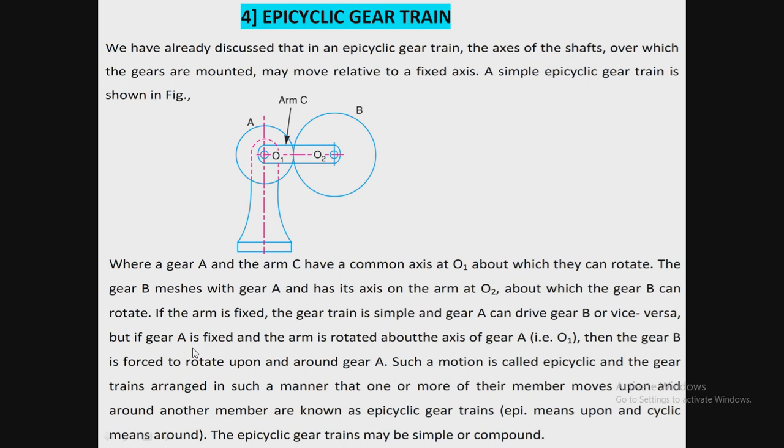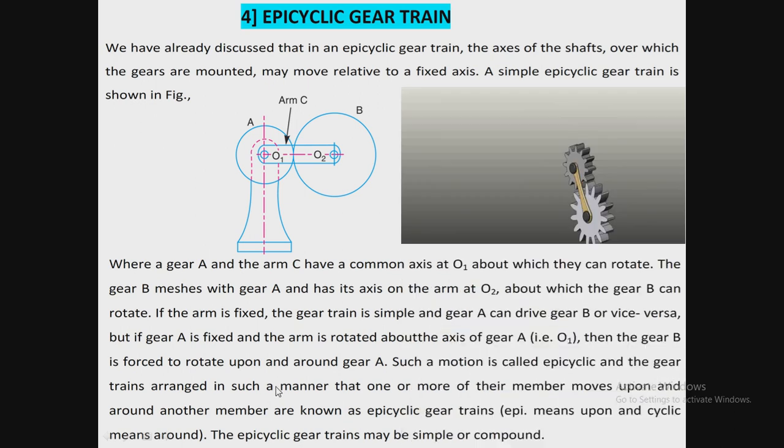But if gear A is fixed and the arm rotates about the axis of gear A, that is O1, then gear B is forced to rotate upon and around gear A. Such motion is called epicyclic, and a gear train arranged in such a manner that one or more of its members move upon and around another member is known as an epicyclic gear train.